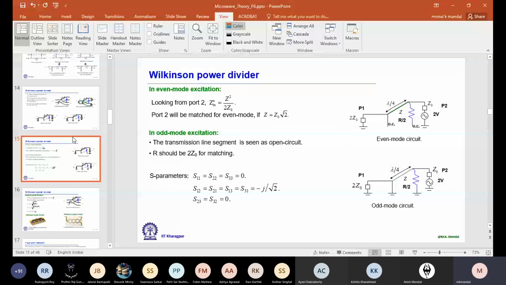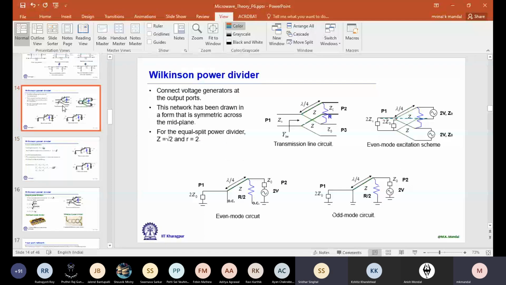Yes, anything else? Could you explain the splitting, how the Z became 2Z0? I could not understand that. Okay. Here you have to imagine a little. The main point is that we have to find a plane of symmetry. Originally this analysis technique was proposed for a four-port network. But wherever we have a plane of symmetry, we can take advantage of that.